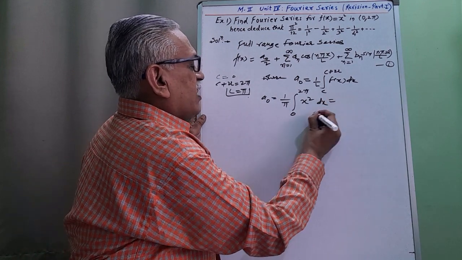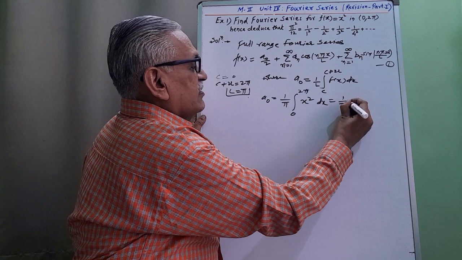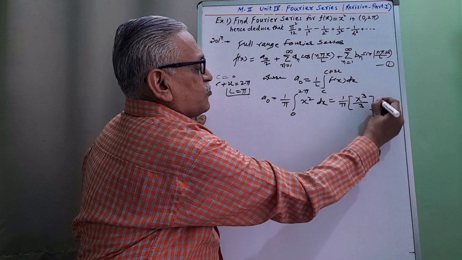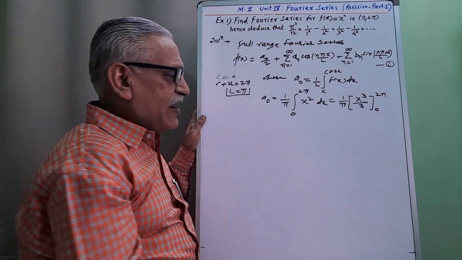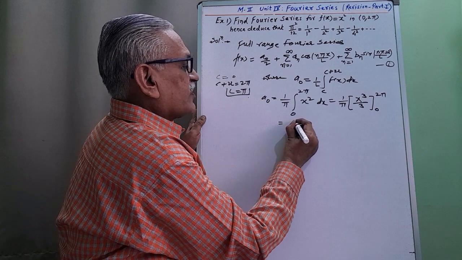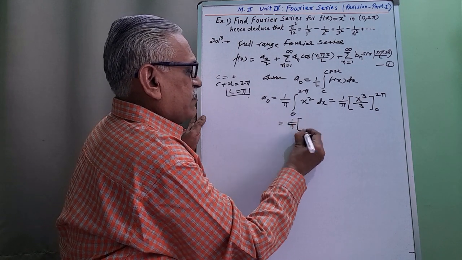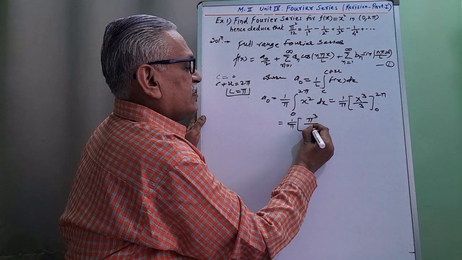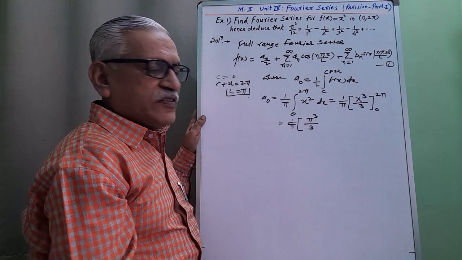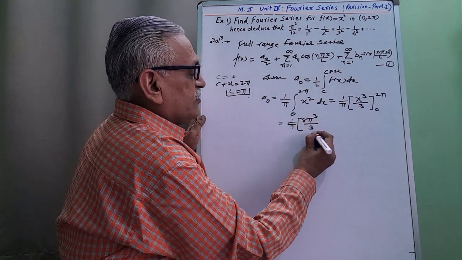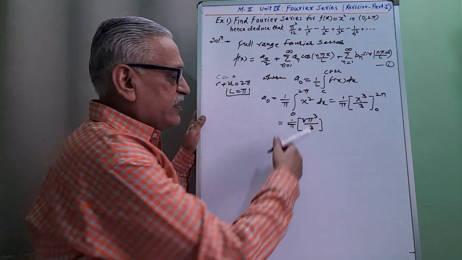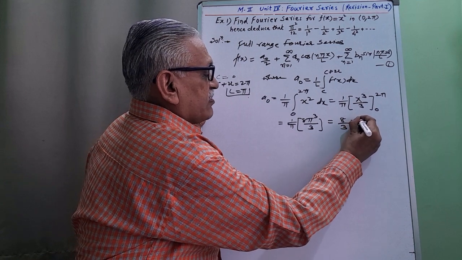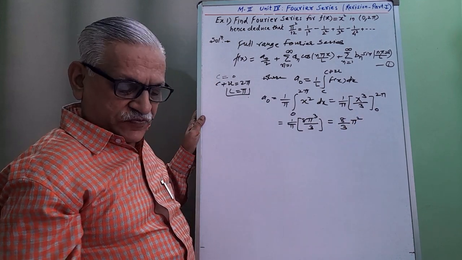Integration of x square is x cubed by 3, limits from 0 to 2 pi. Substituting, it is 1 by pi multiplied by 2 pi whole cube divided by 3, which is 8 into pi cube divided by 3. 1 pi gets cancelled, therefore the value is 8 by 3 pi square. This is the value of A0.